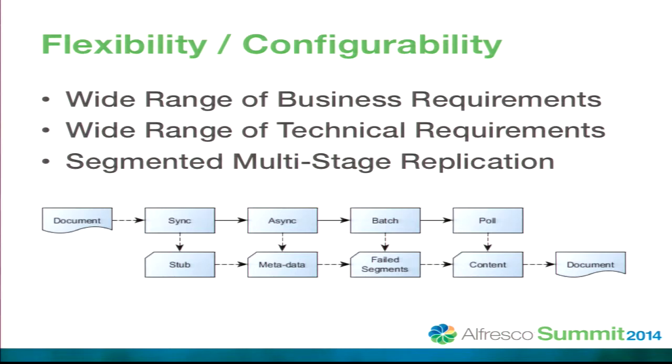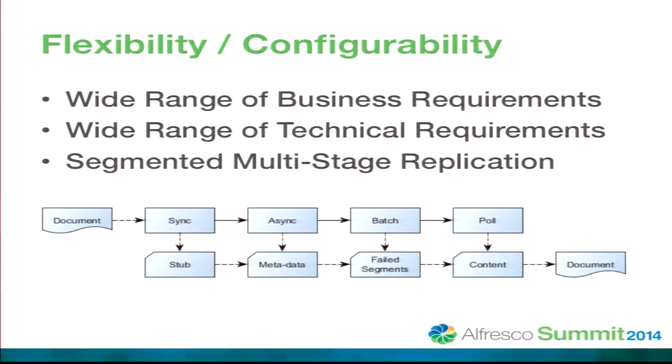You could asynchronously, immediately after the transaction, replicate more metadata, maybe the rest of the properties. Maybe you wanted to do it separately because you have a whole lot of properties. There are customers that have a lot of records inside the properties.